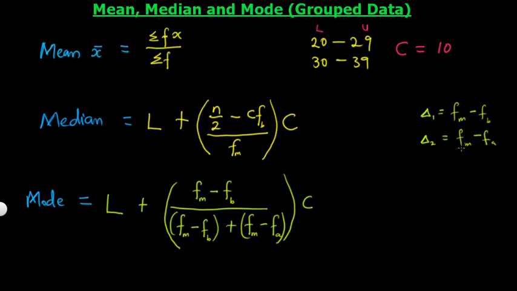If you do this, this formula can be converted to L plus delta 1 over delta 1 plus delta 2, all multiplied by the class size. So either you use this or you use this. Any of the two you can use to calculate the mode for grouped data.